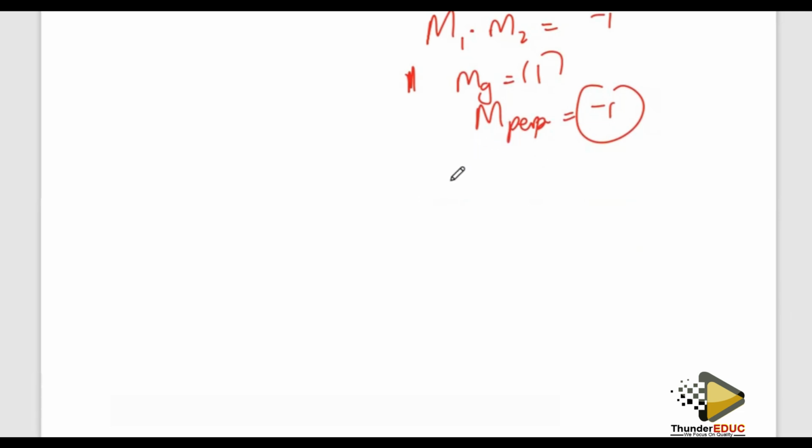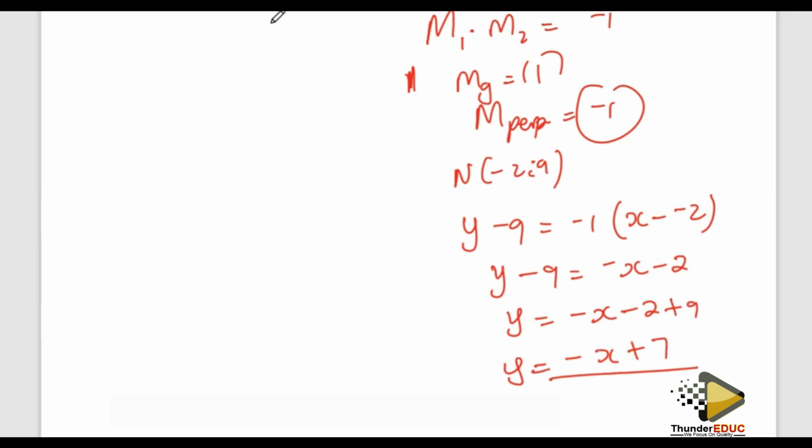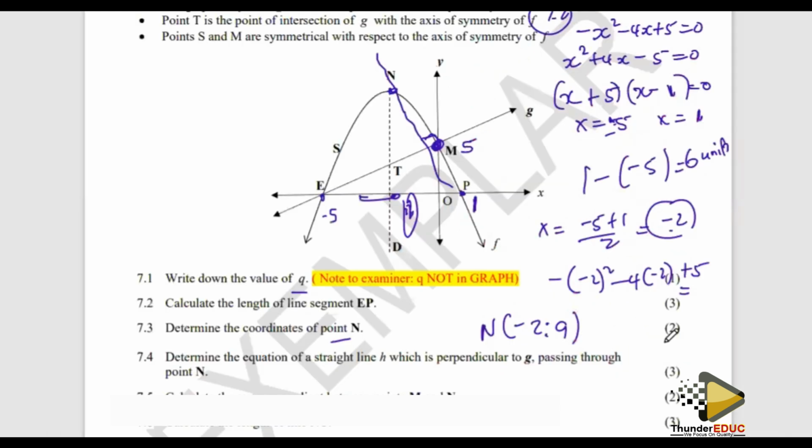Then since it's passing through N, that is negative 2 and 9, I'll say Y minus 9 is equal to negative 1 into X minus negative 2. Open this up. This is going to be negative X minus 2. Y is equal to negative X minus 2 plus 9, which is negative X plus 7. So that is the equation of that perpendicular line.